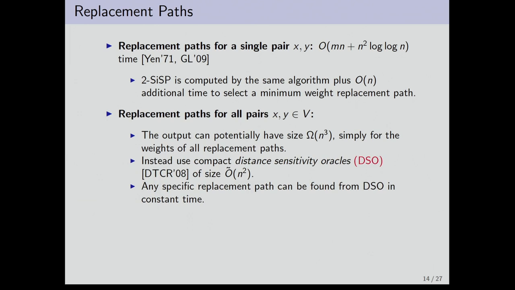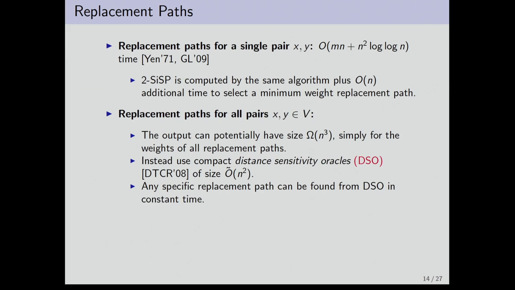So what has been done for replacement paths for the all pairs case is to instead construct what's called distance sensitivity oracles, the DSO, a compact table of size O tilde n squared, from which you can query, in constant time, the path starting from x ending at y, but avoiding this particular edge AB.